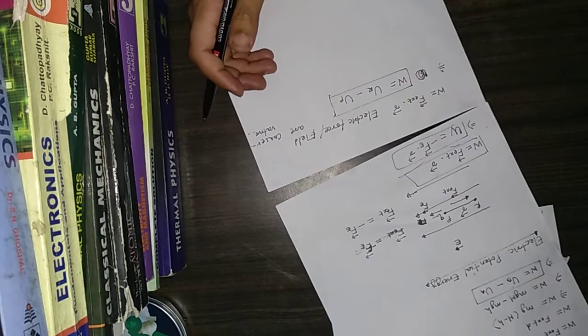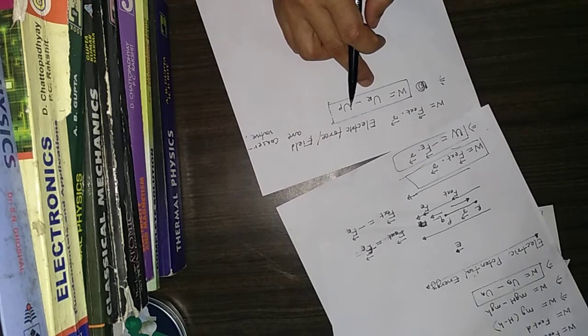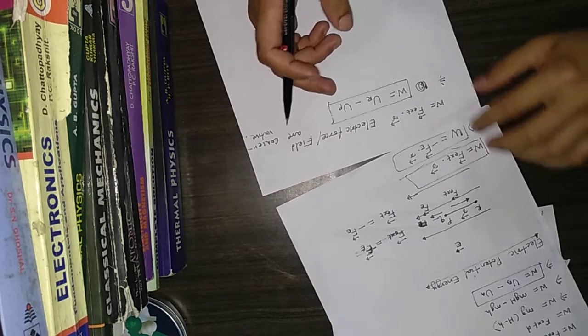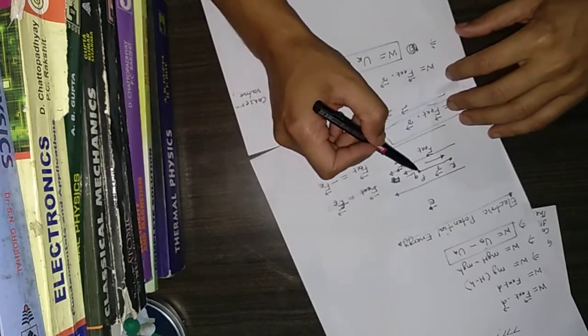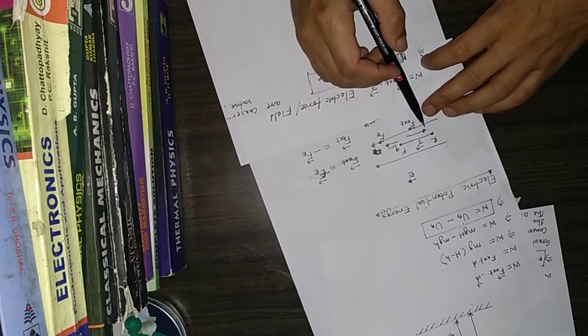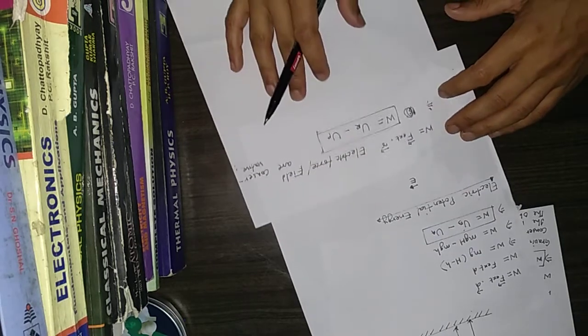Since electric force or field are conservative, work done will be stored as the potential energy difference between the 2 points. So work done in bringing this charge from point P to R is just the difference between the potential energy between the points R and P.